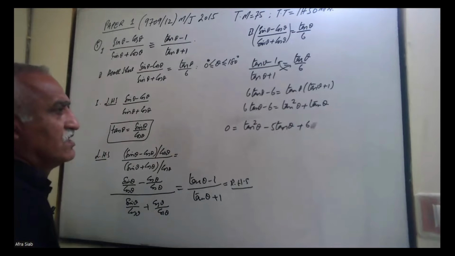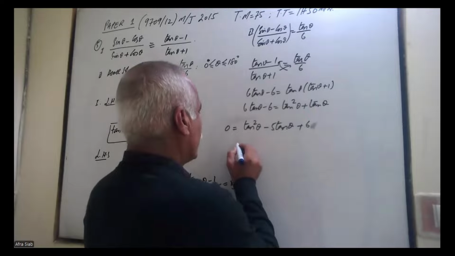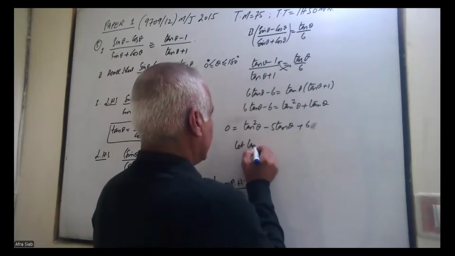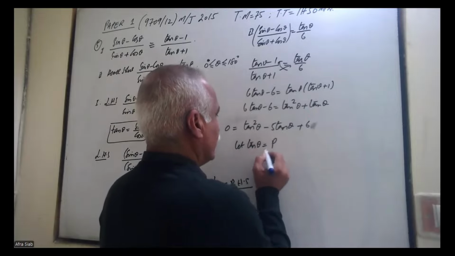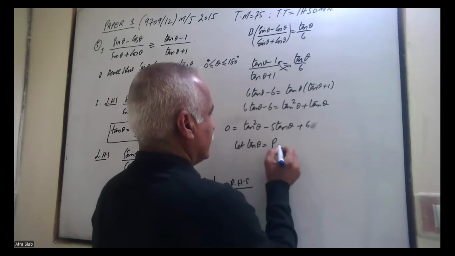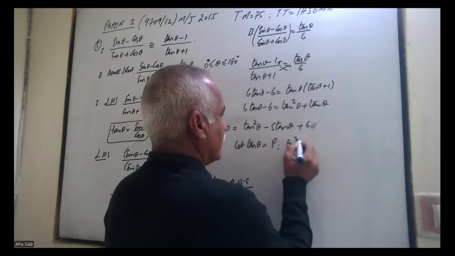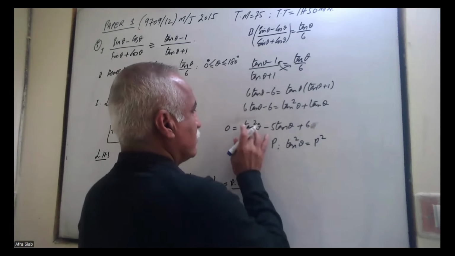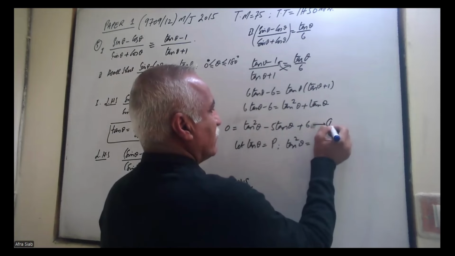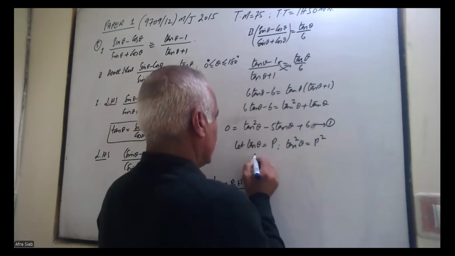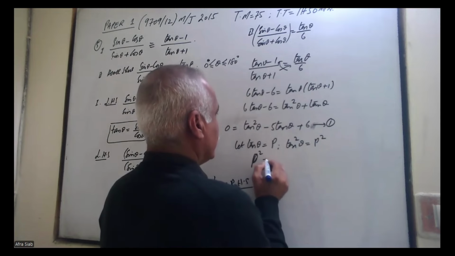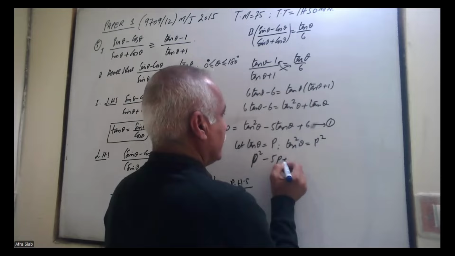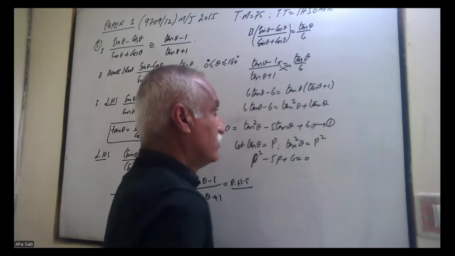Now, this is a quadratic equation, but in terms of what? Tangent theta. So we can suppose let tangent theta is equal to P. Then tangent square theta will become P square. So we substitute this into equation number 1. It will become P square minus 5P plus 6 is equal to 0.